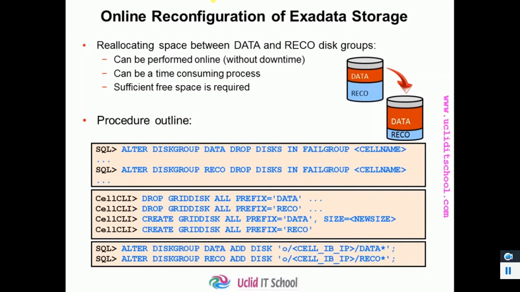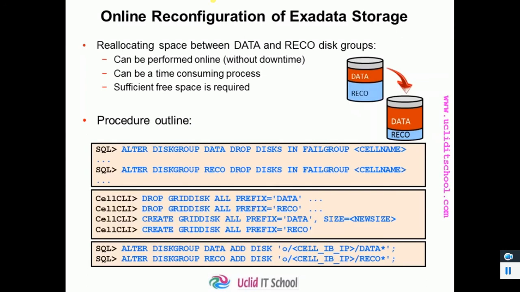Next is storage reconfiguration. I told you the one command process allocates the storage in the ratio 40-60 between the data disk group and the reco disk group, or 80-20.